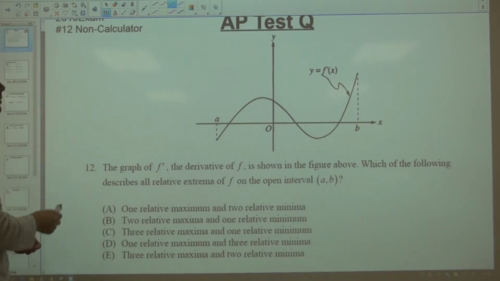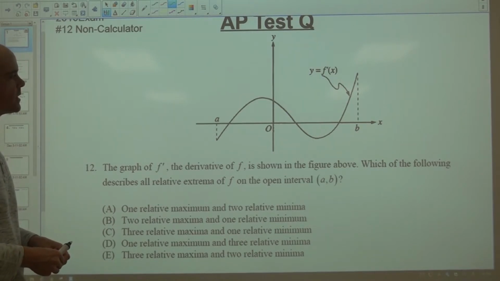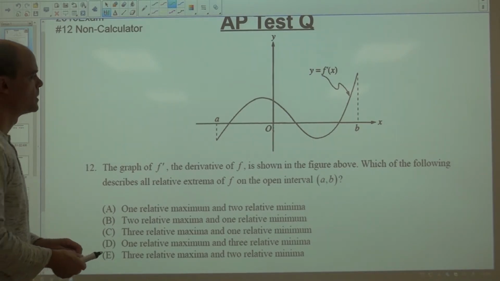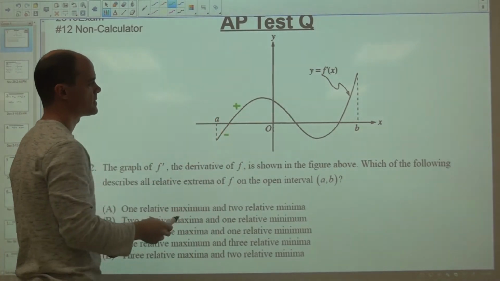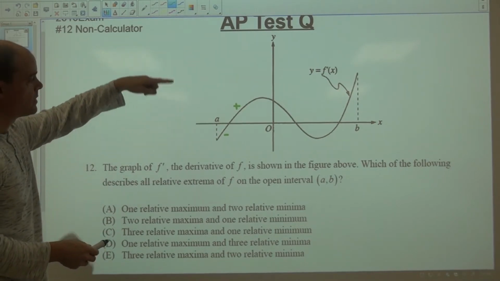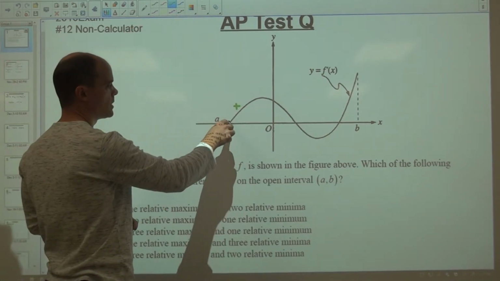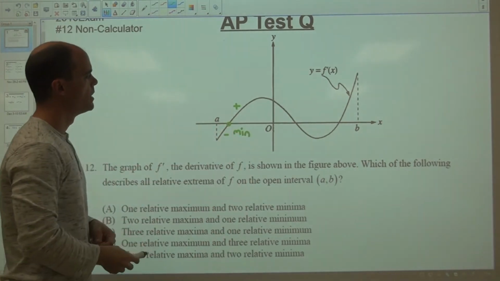What's happening? Anytime f prime changes from positive to negative, we're going to have an extreme. So we are negative, and then we change to positive. That means the original graph is decreasing and then increasing. So I know right here we have a min.